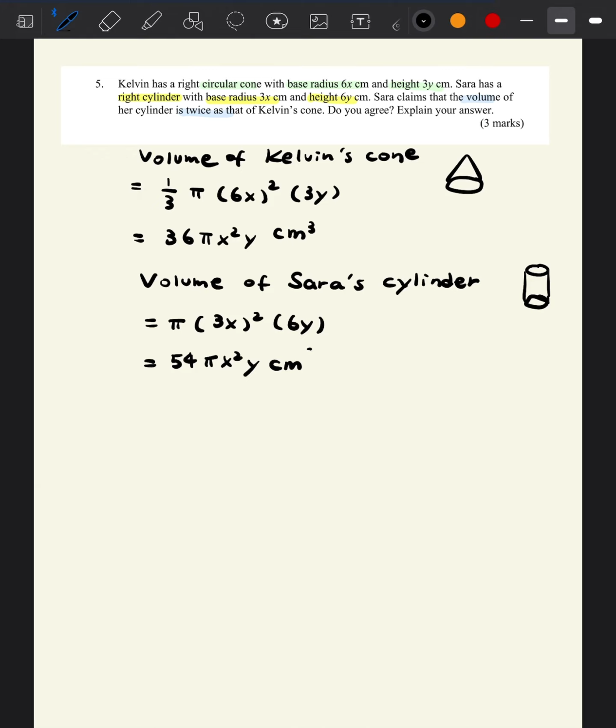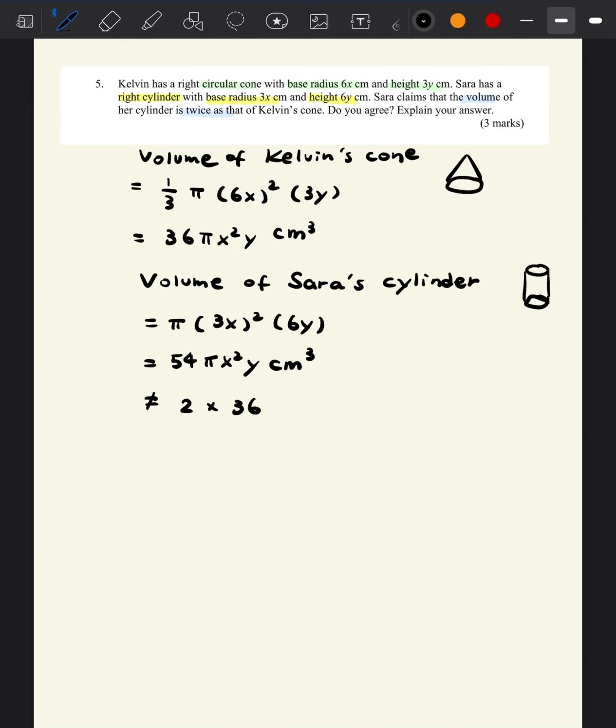And then she asked whether her cylinder is twice as that of Kelvin's cone. So some of you just say 36 pi x squared y is smaller than 54 pi x squared y. This is not exactly answering the question because you have to tell me, is it twice of it instead of bigger or smaller?